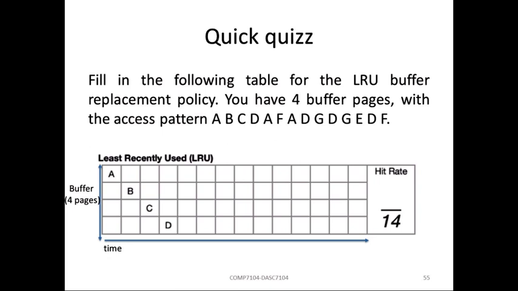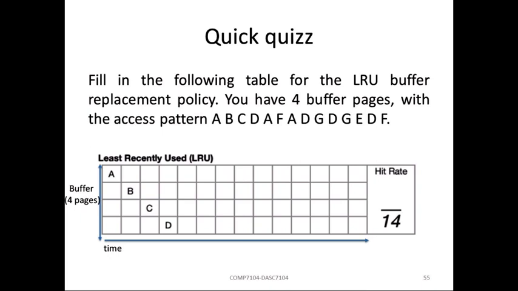So each column corresponds to one time step, or one tick of the clock. And in this matrix, we will only illustrate what changes. And we see here the access pattern, the order in which pages have been requested.